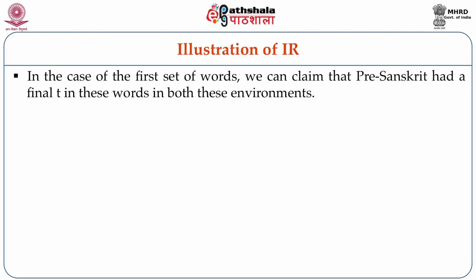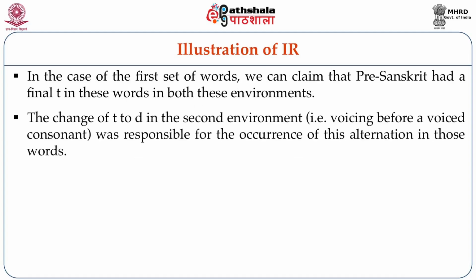In the case of the first set of words, we can claim that pre-Sanskrit had a final t in these words in both these environments. The change of the t to the d in the second environment, that is voicing before a voiced consonant, was responsible for the occurrence of this alternation in those words.